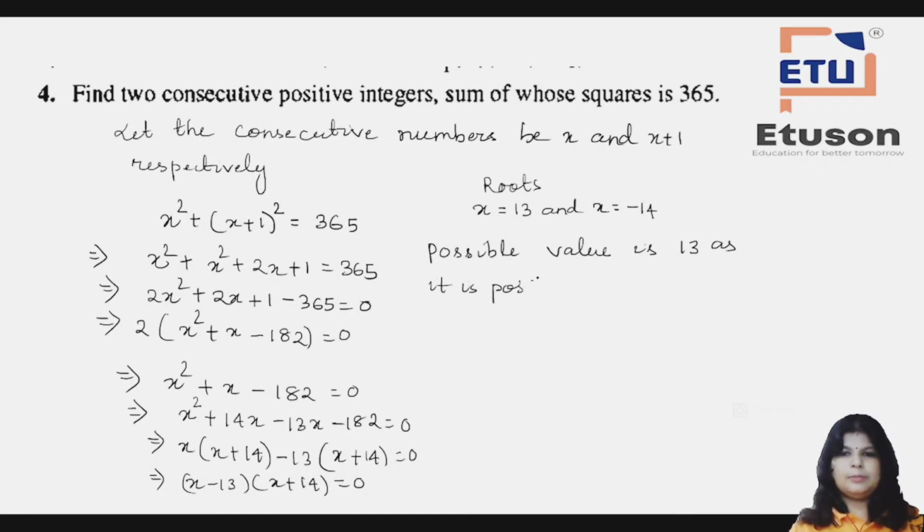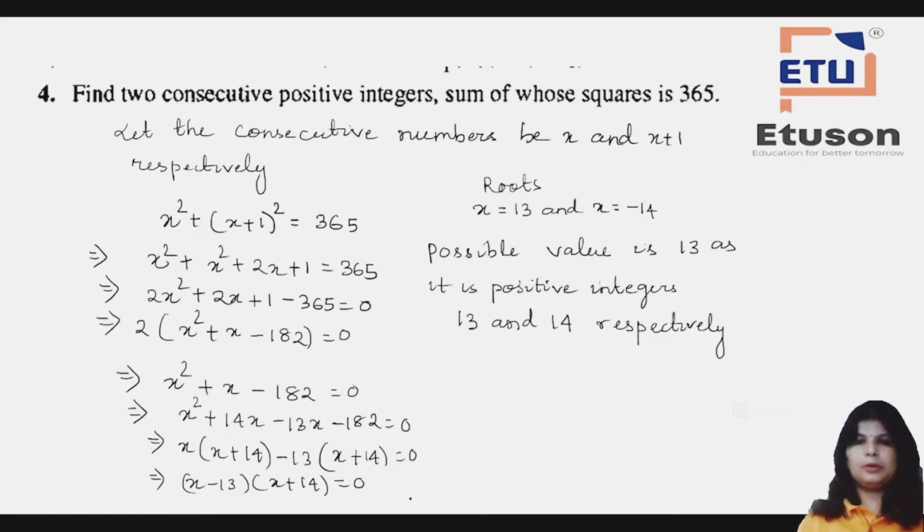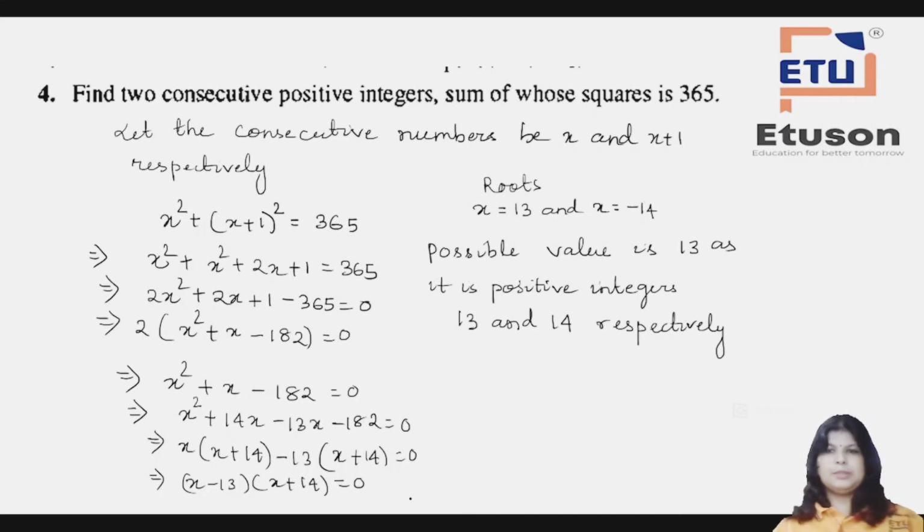So what will be your numbers? Two consecutive numbers. The numbers will be 13 and 14 respectively. The sum of the squares of the numbers is equal to 365. You can cross check it.